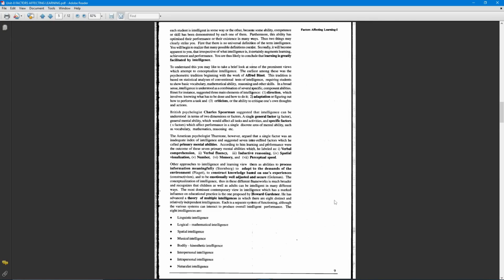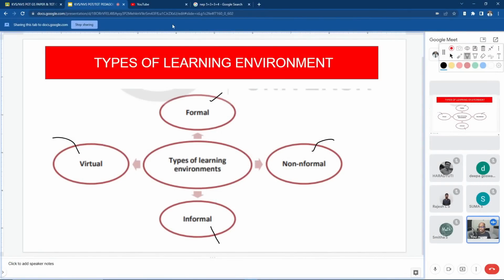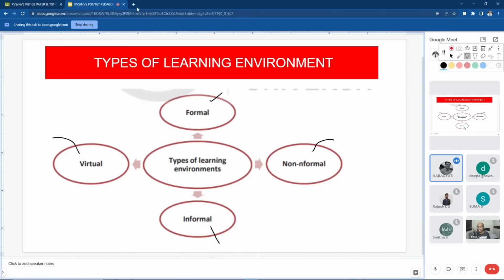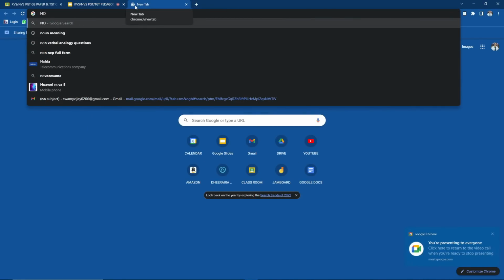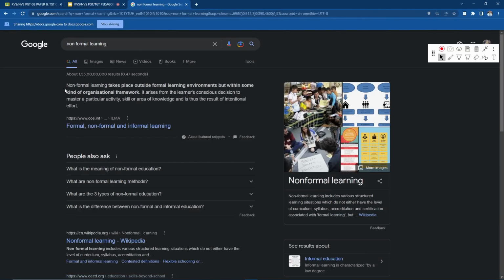Only one confusion. Now it is non-formal learning, correct? Yes, sir. So what is non-formal learning? Non-formal learning takes place outside formal learning environment, but within some kind of organizational framework.